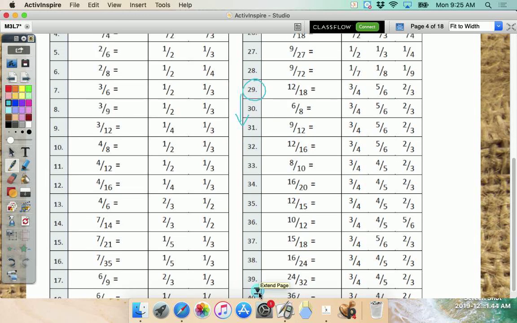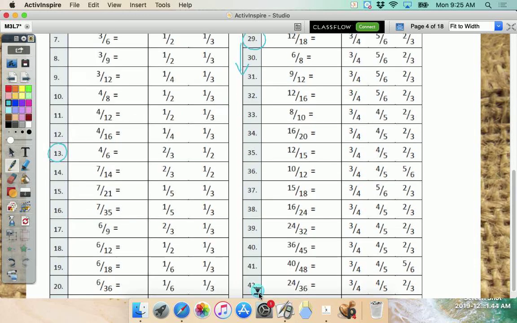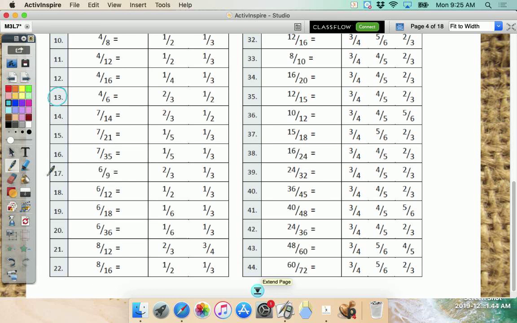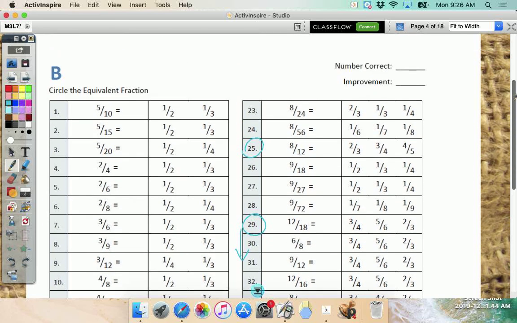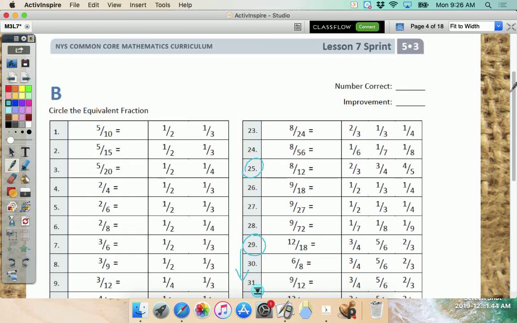On the other side, it's 13, 17, and 21. So the same as last time. And I'm going to give you 5 minutes. And then we'll grade it.